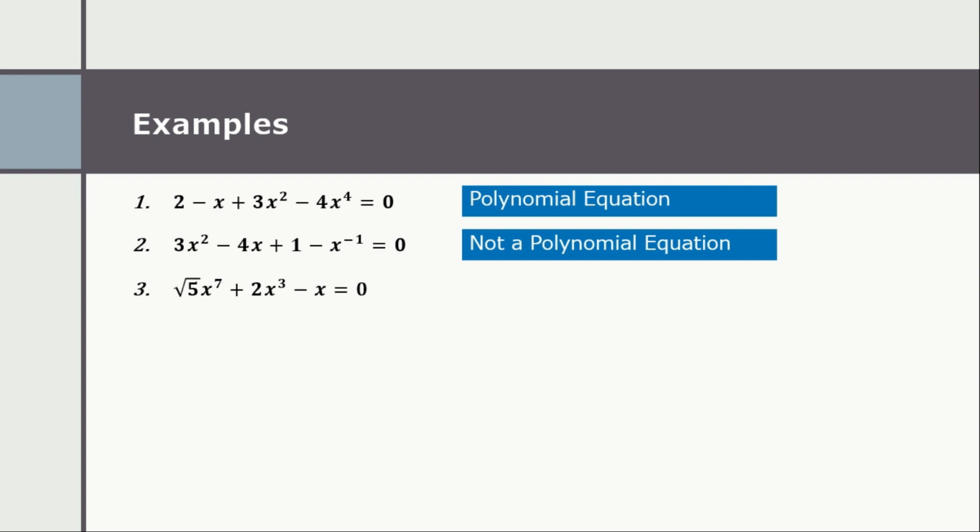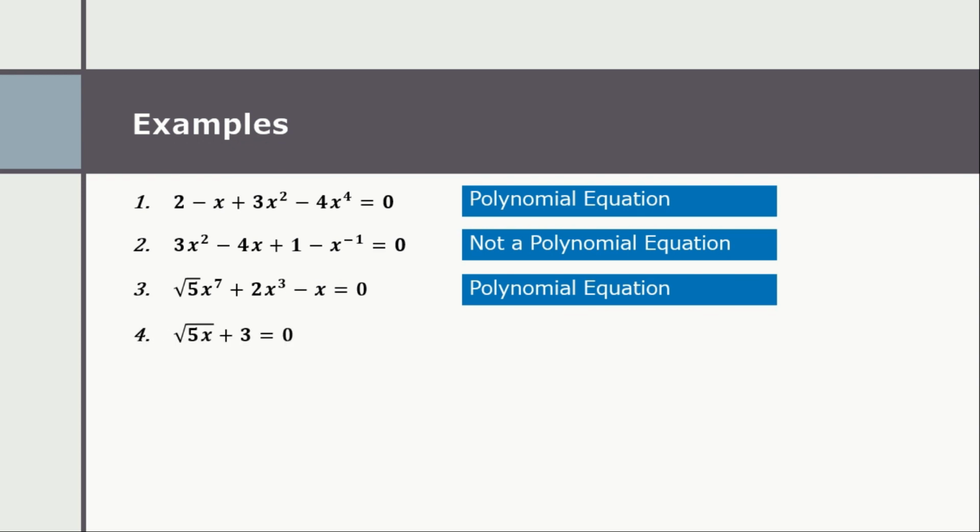Example number 3. Square root of 5 multiplied to x raised to 7 plus 2x raised to 3 minus x equals 0. This one is an example of a polynomial equation. Though it has a radical sign, it only belongs to the coefficient 5. Example number 4. Square root of 5x plus 3 equals 0.